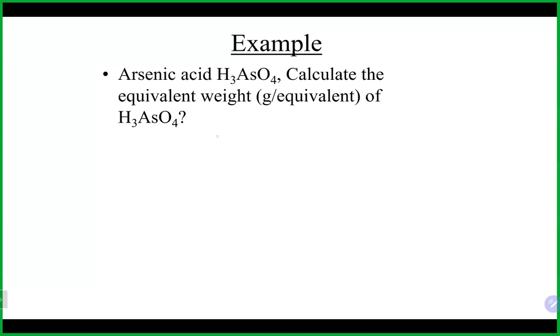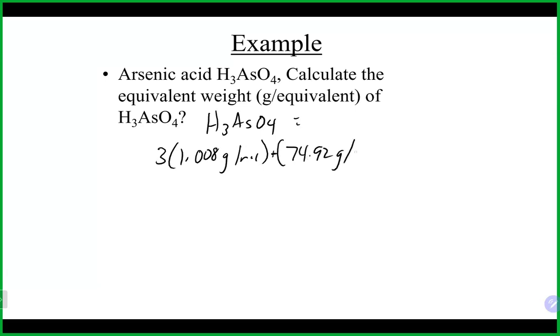The molar mass of H3AsO4 is 3 times 1.008 for our hydrogens, plus our As, which is 74.92, and 4 times 16 for our oxygens.